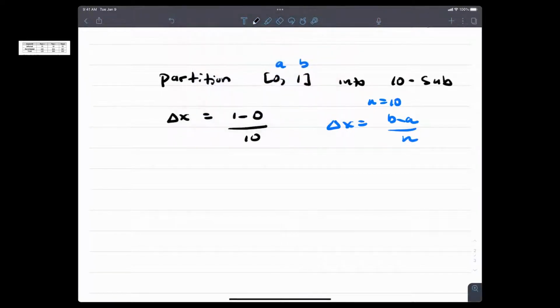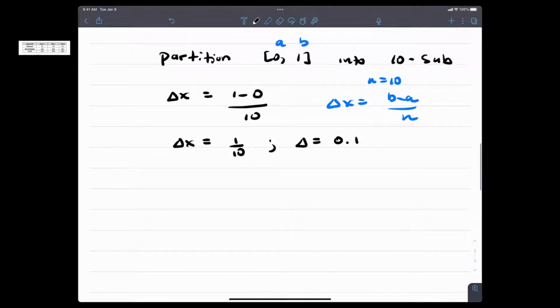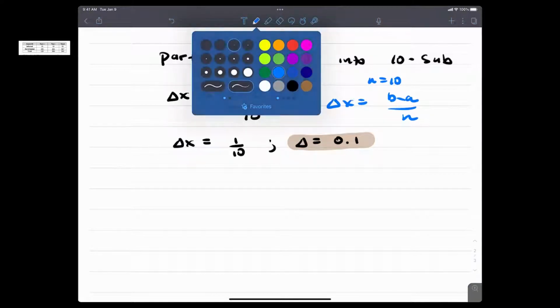So your delta x, by that calculation, is 1/10, or really 0.1. Okay, you okay with that one? And I really don't like this example having 10, but bear with me on that one. I'll show you what I mean. So this is the first part we want to get in gold, the delta x. Now, S10.